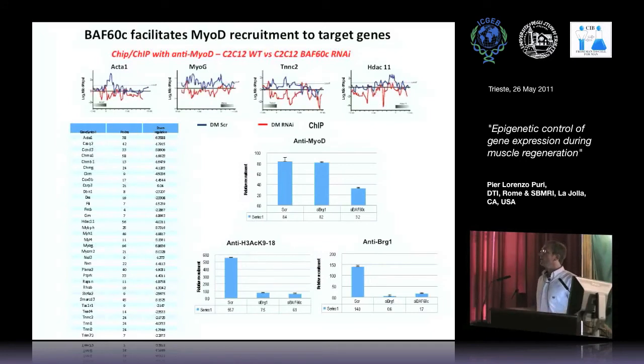So in all of them, in the absence of BAF60C, the MyoD binding was greatly impaired. As you can see, these are four examples, and the red line corresponds to the RNA interference of BAF60C, indicating that BAF60C is important for MyoD to recognize the target genes prior to the activation of gene expression.